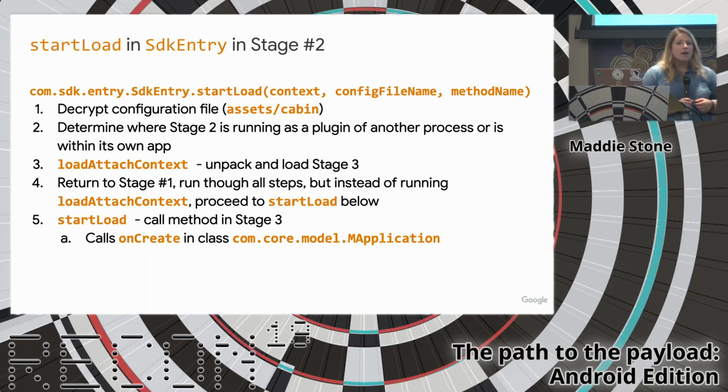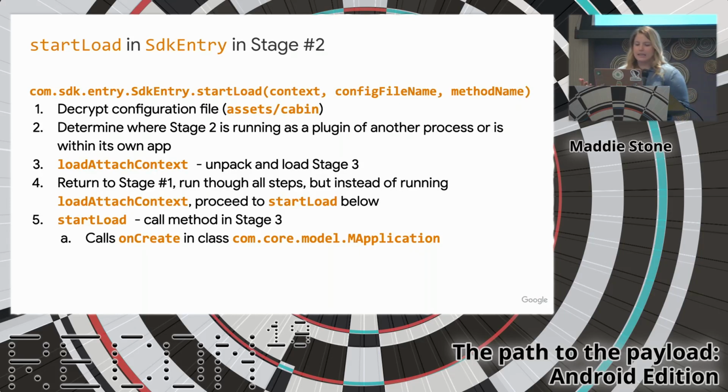You as an analyst could write it up and decide that it is going to run within your app and things like that. So they actually go through and check their personal class loader for their current context and see who is the parent of it and whether it is running as a plugin of another process or within the stage 1 application.